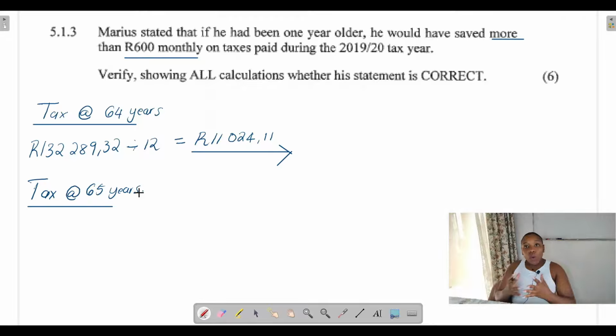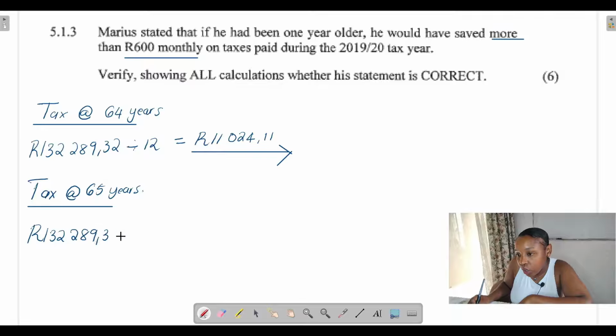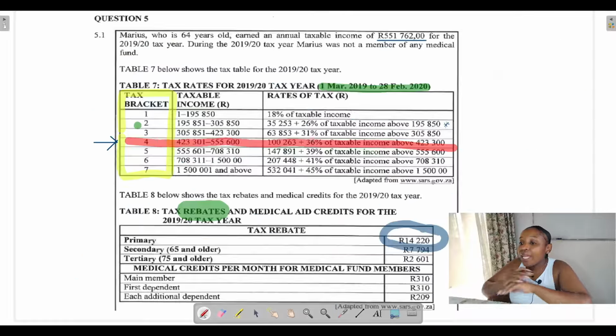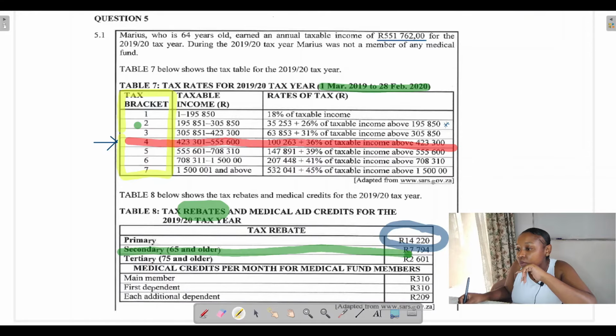So when we look at the amount of tax that he'll pay when he is 65 years old, we already know that Mr. Marais pays 132,289.32. However, we remember from our table 8 that when he is 65 and older, the tax rebate changes. So the tax rebate will now be 7,794.